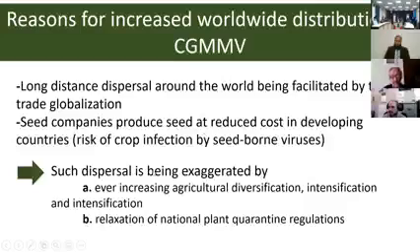Such dispersal is also exaggerated by ever-increasing agricultural diversification and intensification, and of course, the other thing is relaxation of national plant quarantine regulations. And therefore, in many countries now, CGMMV is an important virus disease of cucurbits.